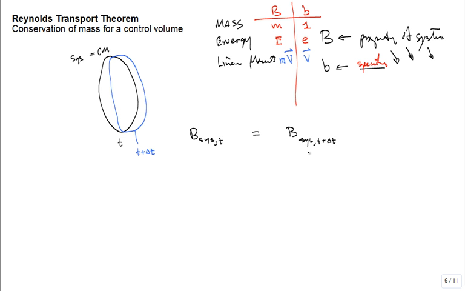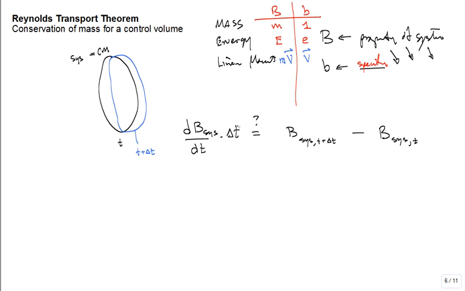You see that the property of the system at time t, and you have the property of the system at time t plus delta t, but they could change, true? So how would it change? Well, you'd say, well, it's a property of the system at time t plus delta t minus the property of the system at time t. Isn't that rate of change? So that would be something like the rate of change of the property of the system with respect to time times the change in time.